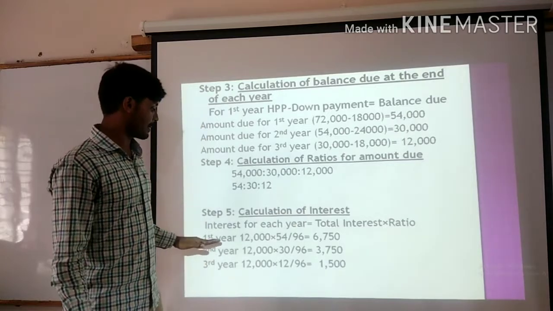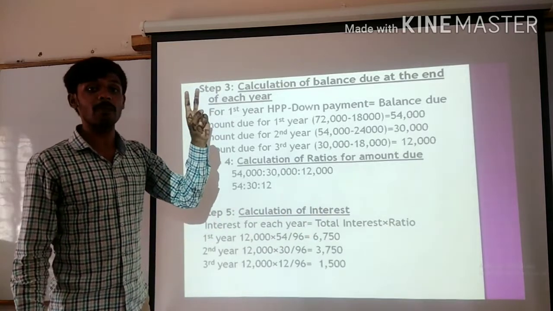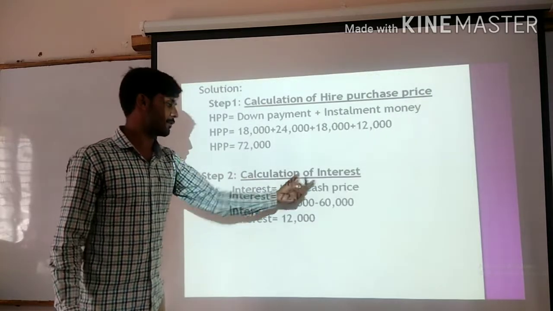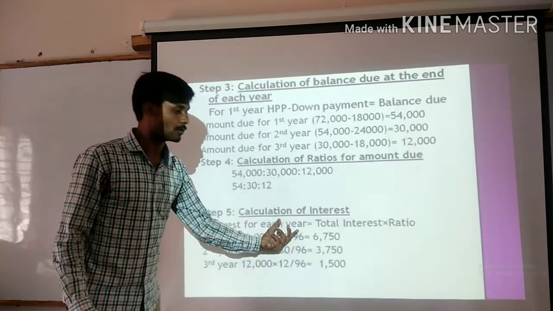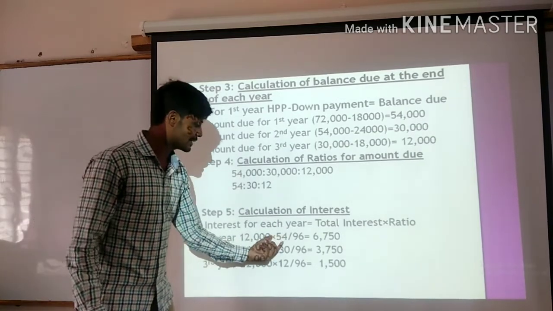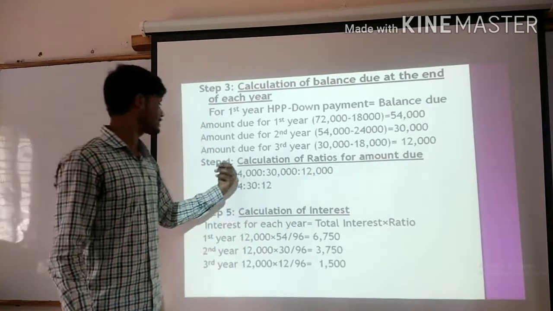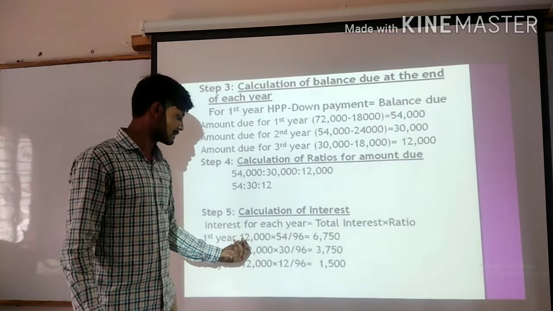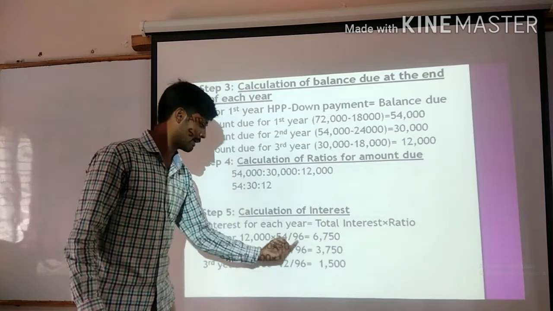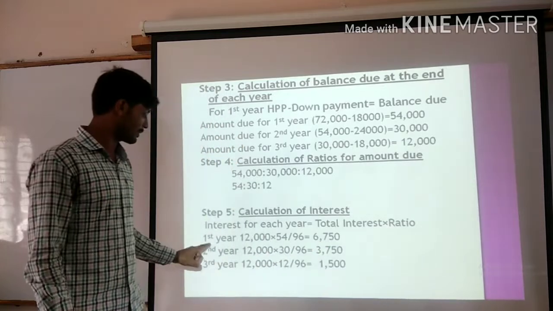In the fifth step, we just need to calculate the interest. From the second step, you need to remember the calculation of interest. Here you can see, how much is the interest? 12,000. This 12,000 rupees, we just need to share based on the ratios according to step 4. 12,000 into 54 divided by the total of 54 plus 30 plus 12, which is 96. 54 divided by 96 gives 6,750 rupees for the first year.